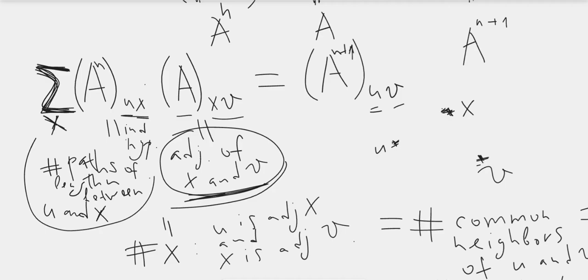And here we multiply the number of paths between u and x, so the number of different paths in the graph between u and x of length n, and the adjacency between x and v. So basically this is the number of paths of length 1.